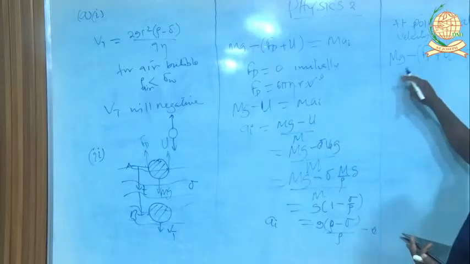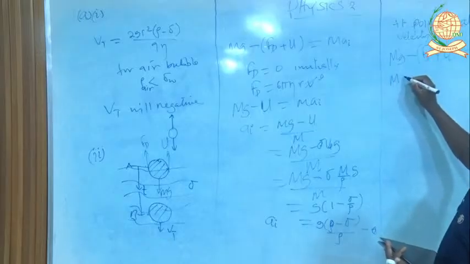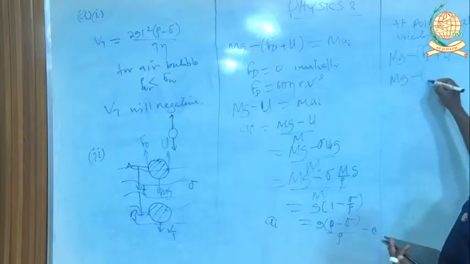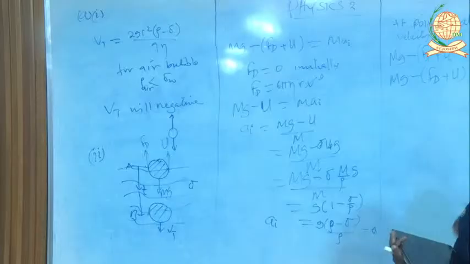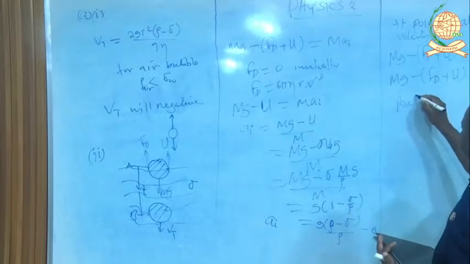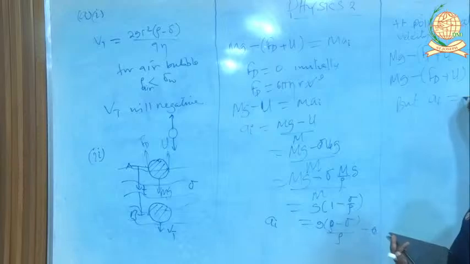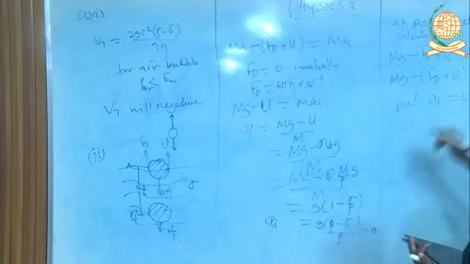So substituting this, you have mg minus bracket fd plus u equals ma. Fine. But this a_f is equal to 0. Why? Constant velocity. At this moment here, the velocity is constant.